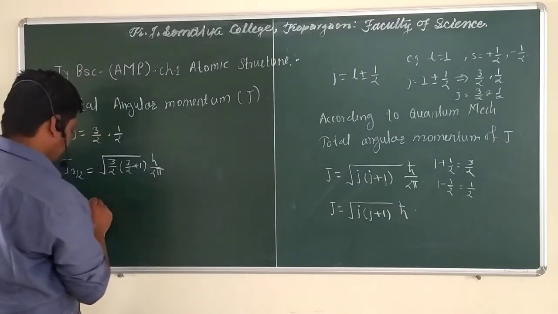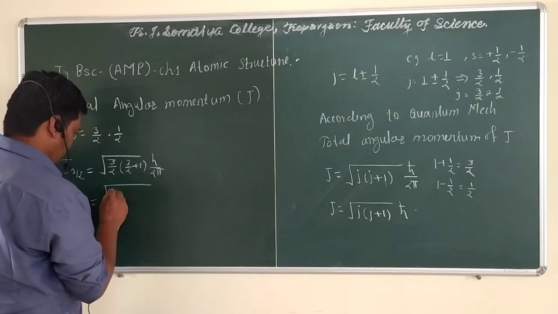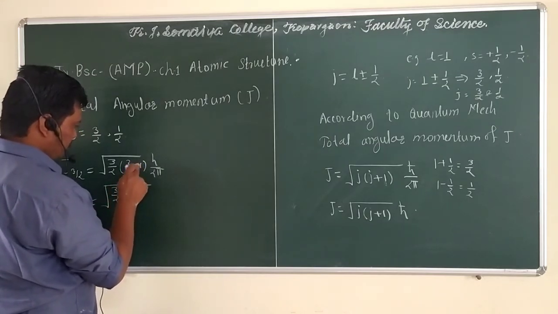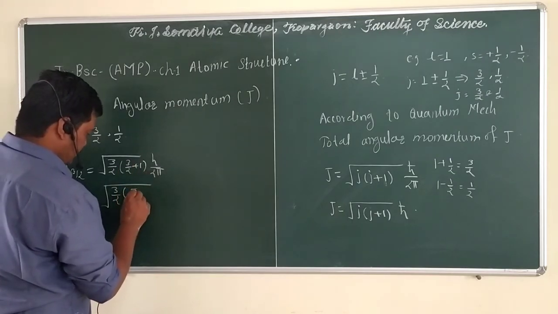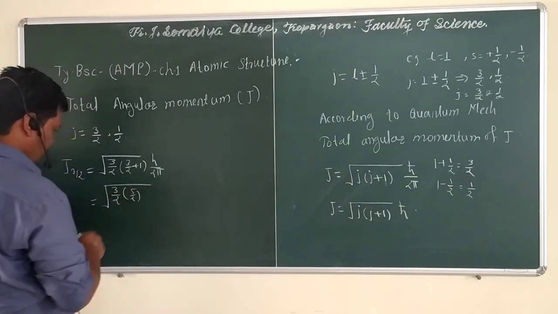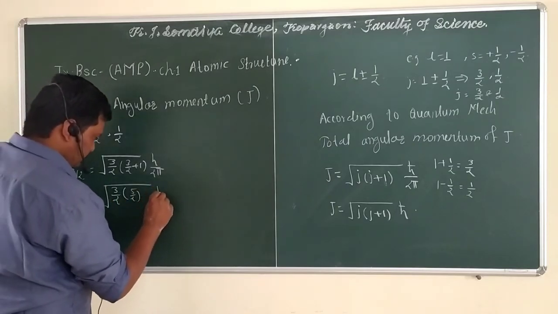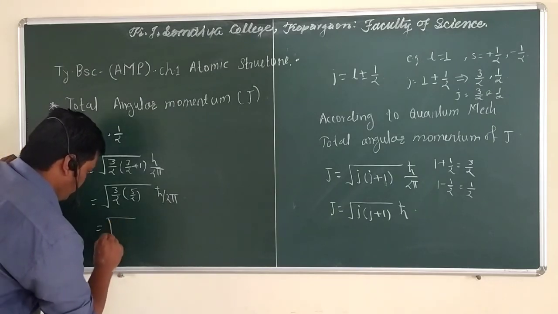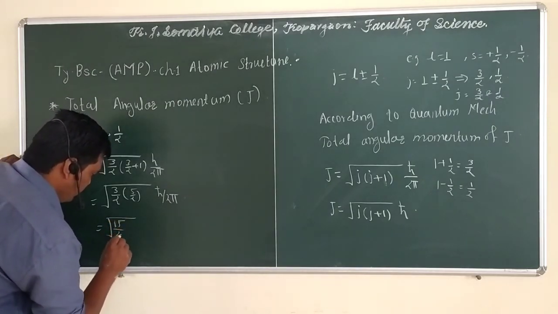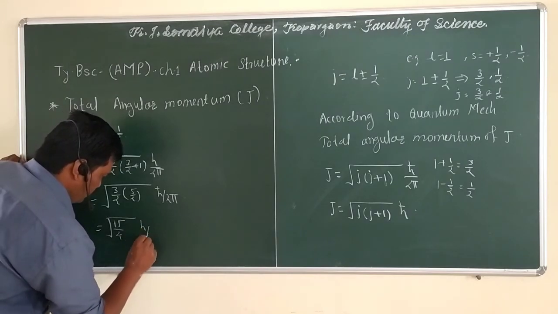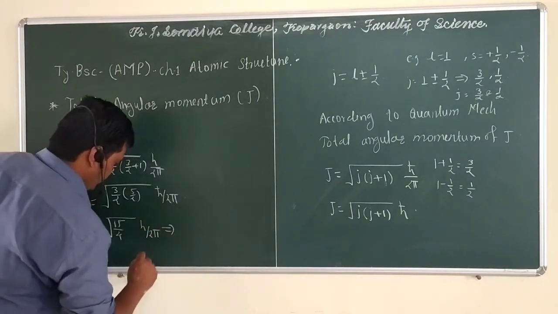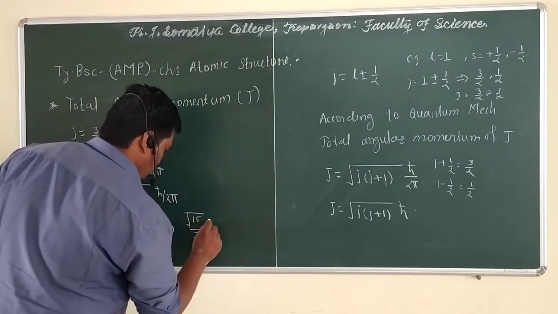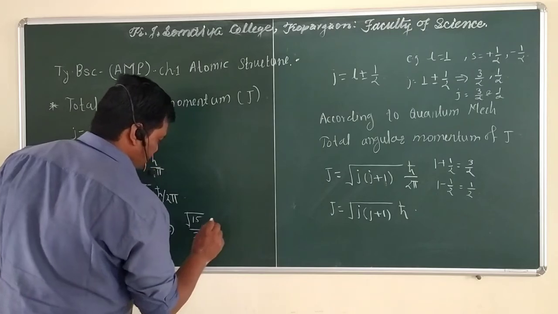That is under root of 3 by 2 into 3 by 2 plus 1, which is 5 by 2, so 3 into 5 is 15. So under root of 15 by 4 into h upon 2 pi, which is under root of 15 by 2 h cross, where h upon 2 pi is nothing but h cross.